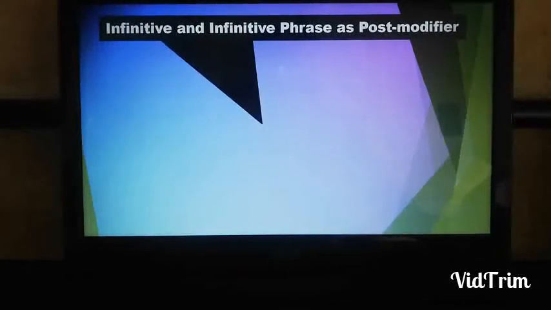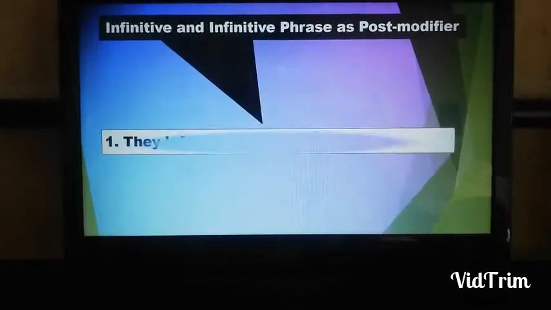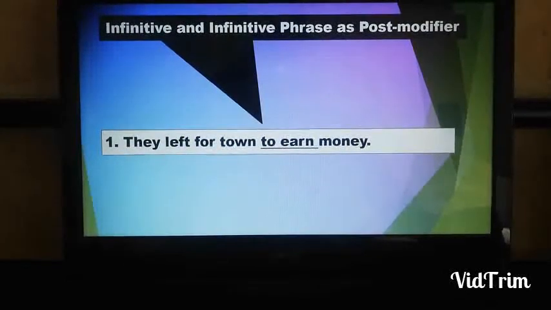An infinitive phrase will take a few words after the infinitive formation. Let us see the example. He left for town to earn money. The underlined words to earn are an example of infinitive form.